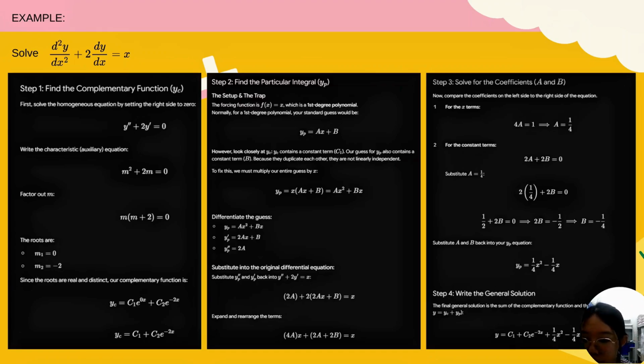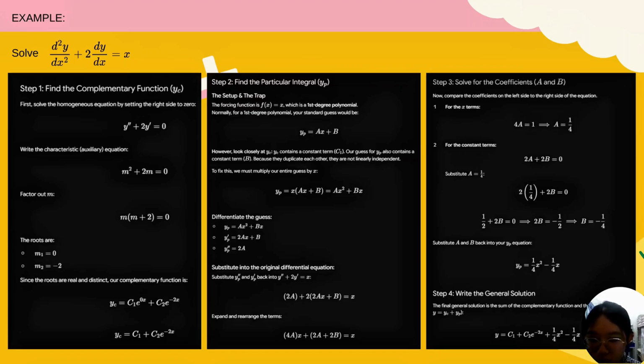Now compare the coefficients on the left side to the right side of the equation. For the x term, 4a equals 1, so we get a equals 1 over 4. For the constant terms, 2a plus 2b equals 0, and then we substitute the a we obtained just now, which is 1 over 4, into the equation, and we get b equals negative 1 over 4.